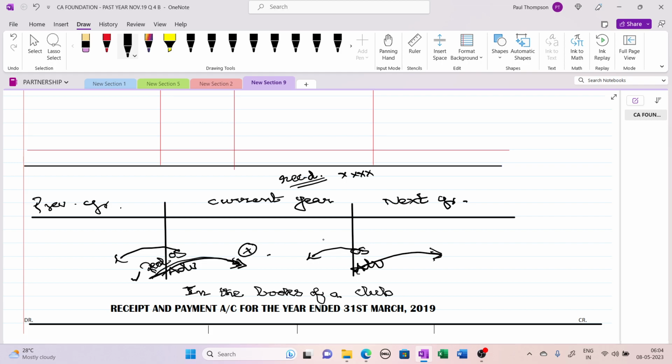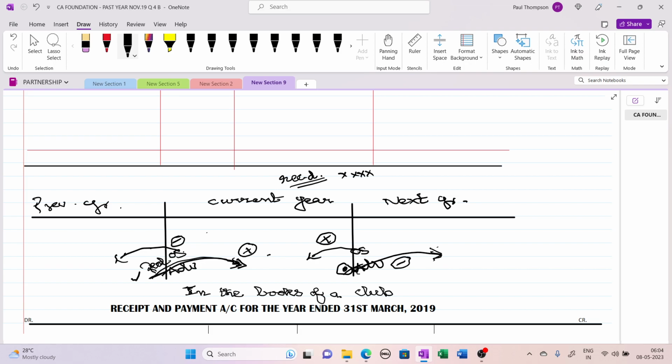And outstanding in the current year, that also you have to add. If you have received anything in advance in the current year, that pertains to the next year, so you have to subtract. And any outstanding of the previous year received in this year, you have to subtract, because this does not belong to the current year.